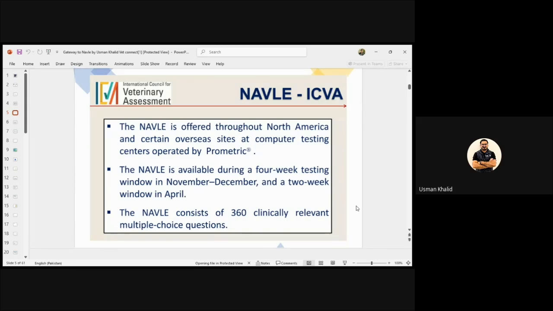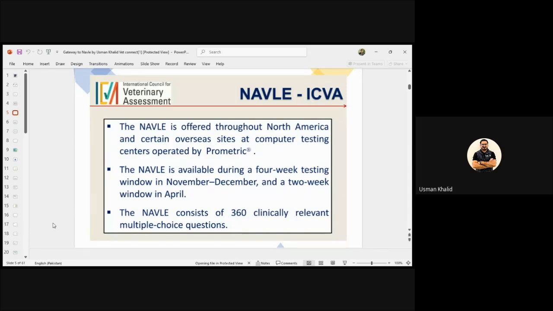So this is really a test that you can pass in your own country. You just have to find the Prometric centers that are conducting the exams. They offer different exams, related to English or to different languages, and different kinds of things as well.